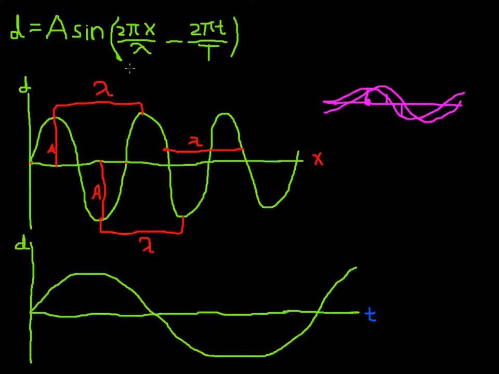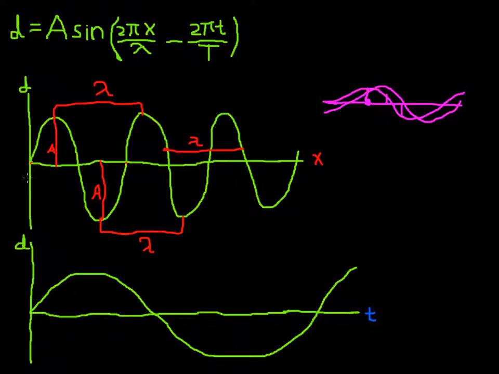And the equation for this is d equals a sine 2 pi x over lambda, right? That's just for this x part. And the reason we have this 2 pi is, if you think about it, lambda is going to be equal to 2 pi, and that's for a normal sine wave.